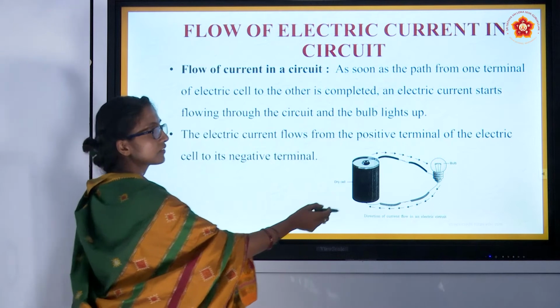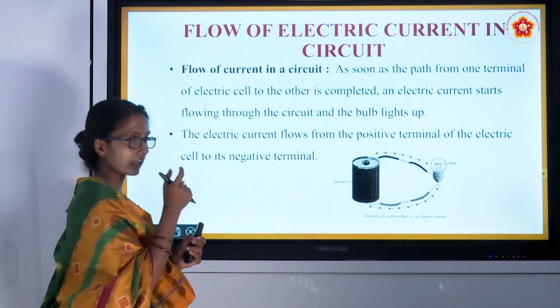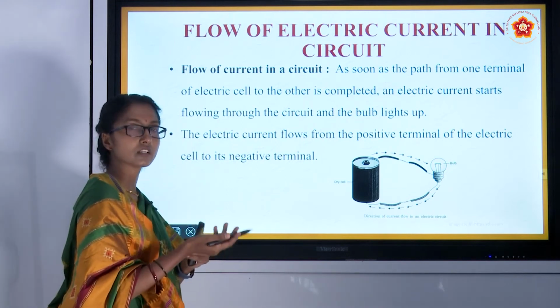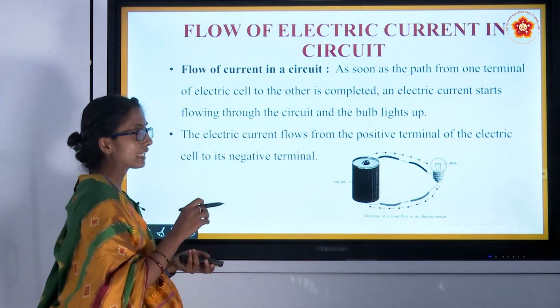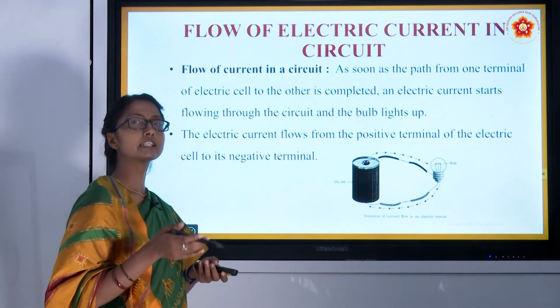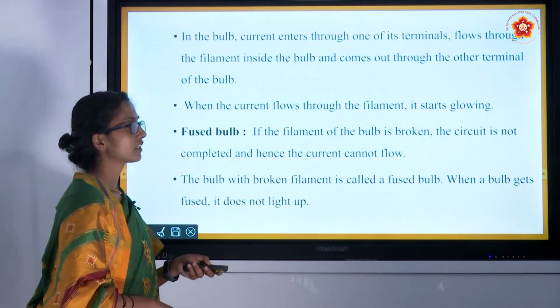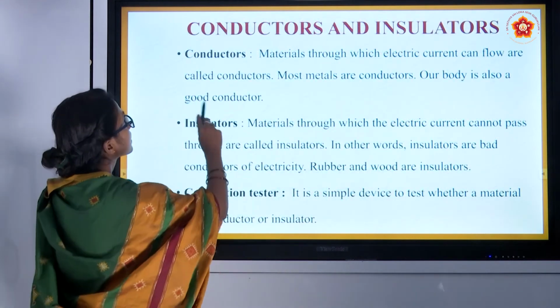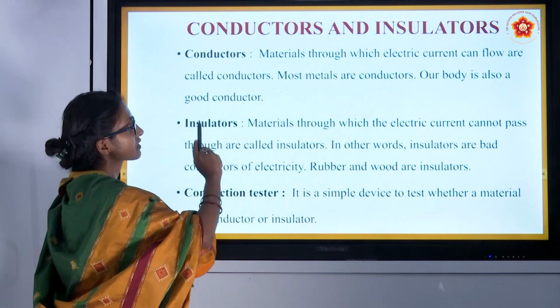Even a cell is made up of an outer covering of steel or iron, which allows electricity to flow through. Materials which allow electricity to flow through them are said to be conductors.